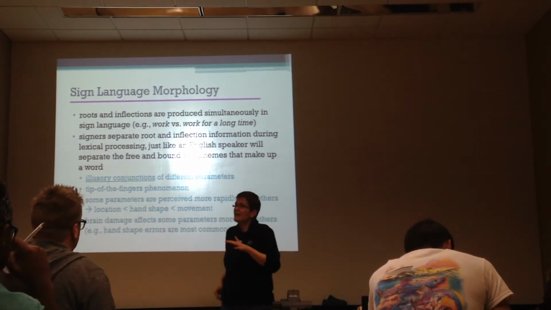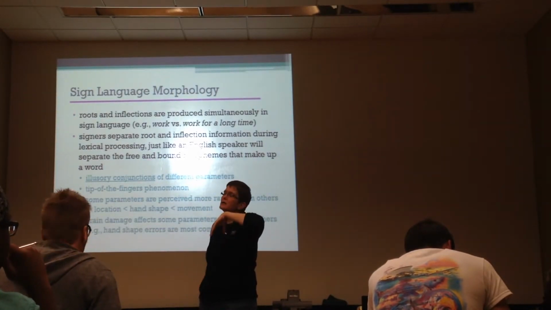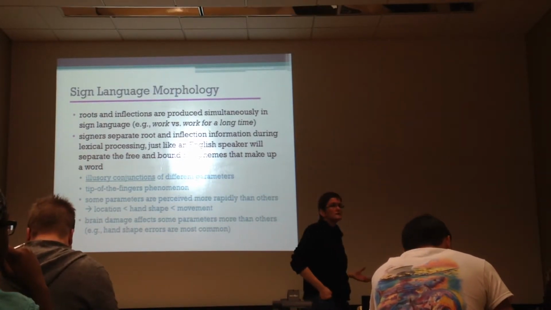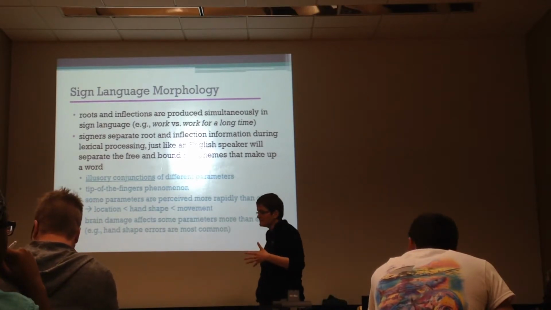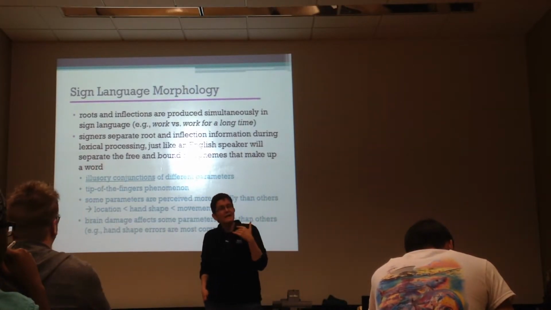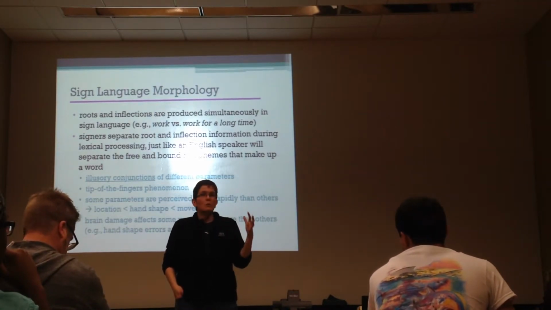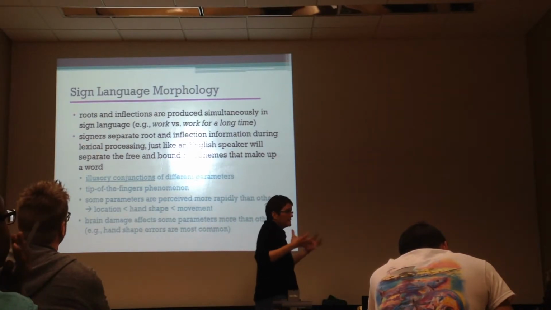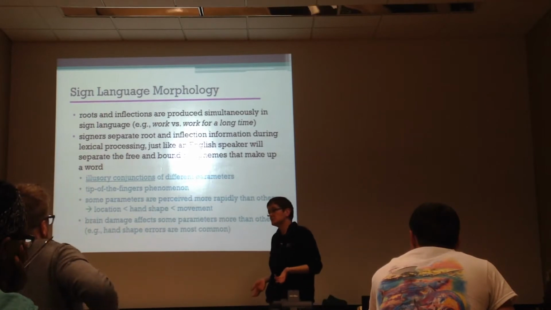We see that when signers are watching other people talk, sometimes they will misremember what someone said with sign, and what they do when they misremember is they will accidentally form what we call illusory conjunctions. An illusory conjunction, so every sign, just like every phoneme, is a combination of features.